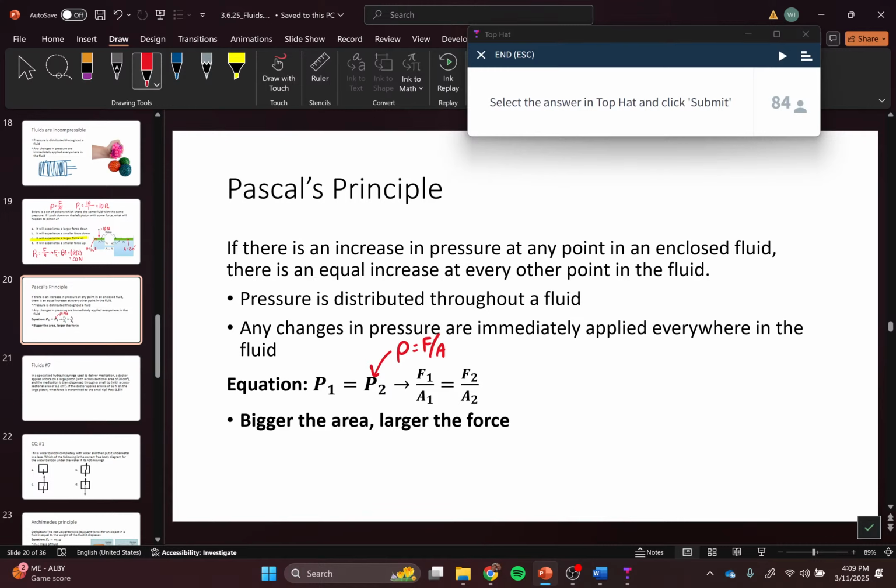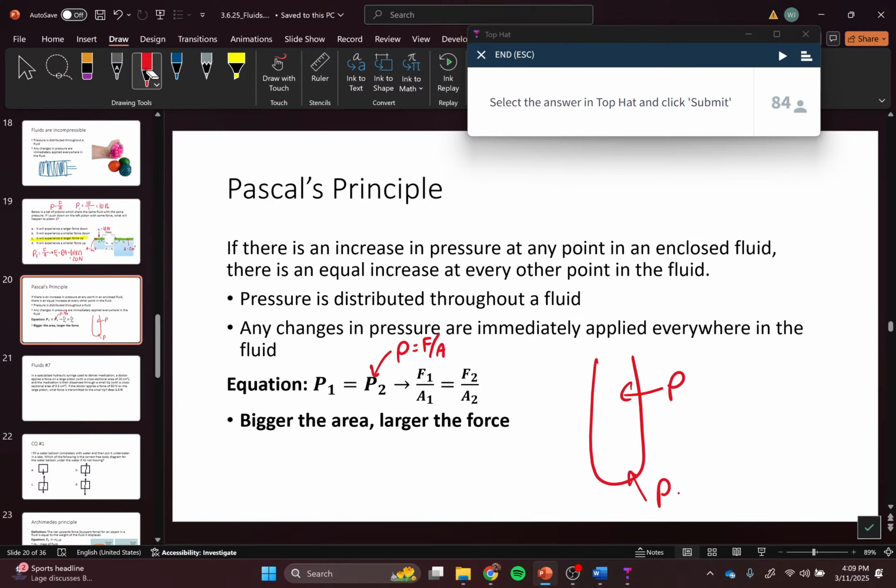Now something that is important here, this just says if there's an increase in pressure, everywhere gets increased the same amount. It doesn't mean the pressure in a fluid is the same at every spot. Hopefully that's going to be really obvious when we remind ourselves that in a tank of water, the pressure at the bottom is bigger than the pressure here, because there's a bunch of fluid above you.